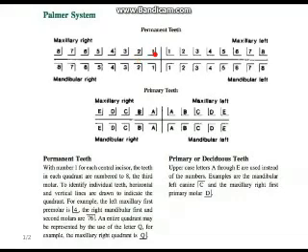In this system, we're going to have these little brackets, and the direction of the bracket is going to indicate which arch it's in. So you have to memorize that this type of bracket right here is for the maxillary right. This is for maxillary left, mandibular left, and mandibular right.